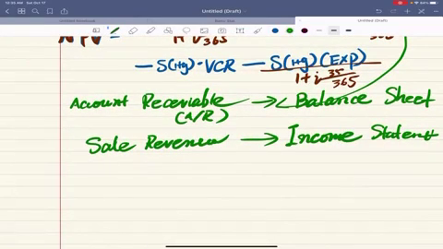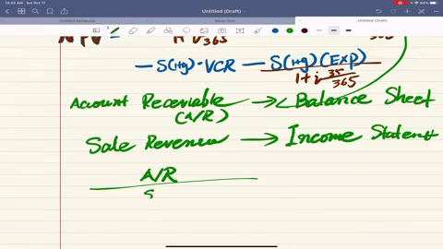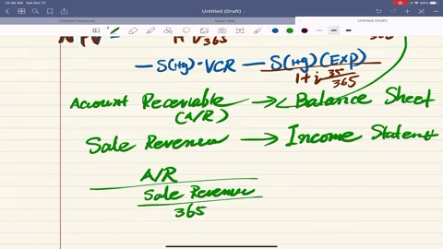Then you take your accounts receivable divided by the sales revenue. But this is not the sales of the whole year. You should divide by the number of days in the year, so you get daily sales.